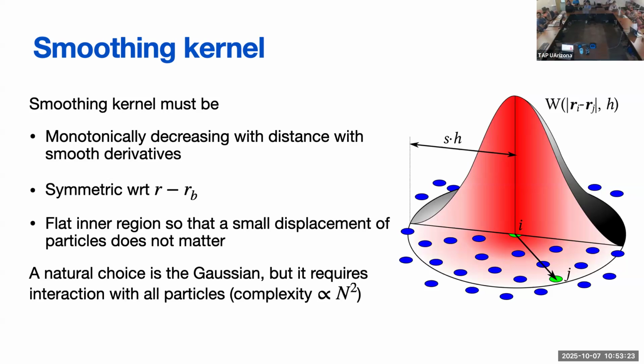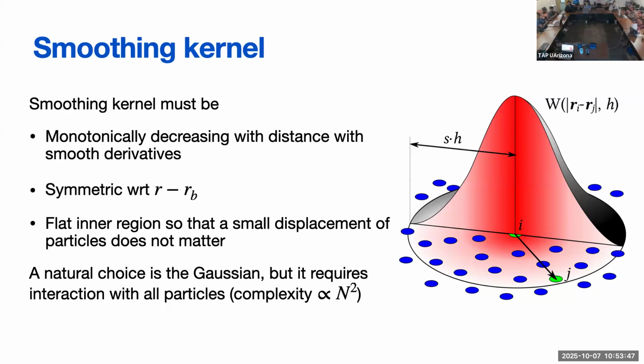You see that it's a function of the distance between a particle i and a given particle j, and it should of course be symmetric with respect to the distance. And the inner region must be flat, because we don't want a small displacement of a very close-in particle to change the density estimate.